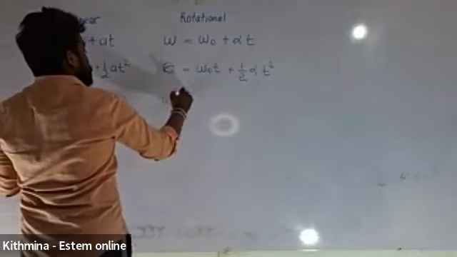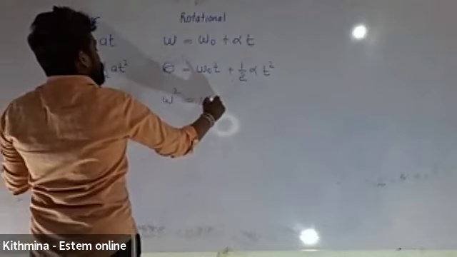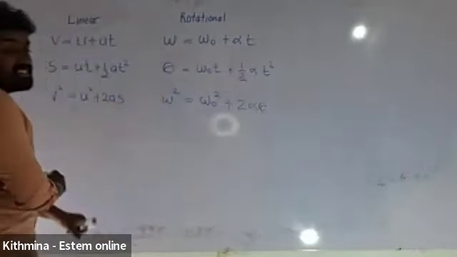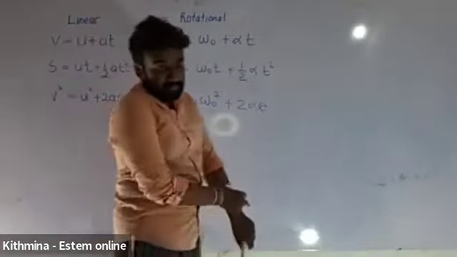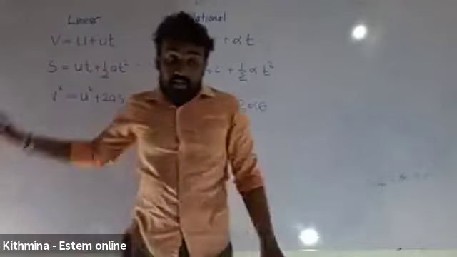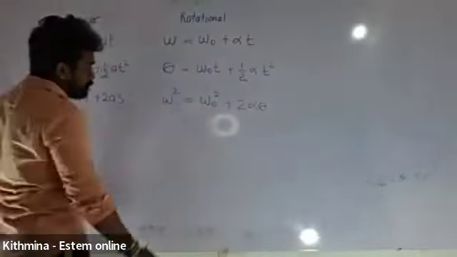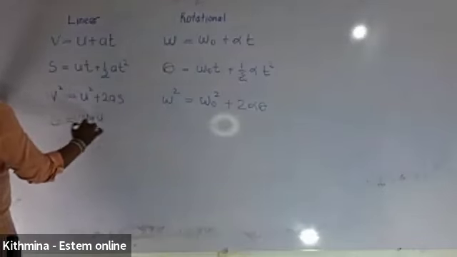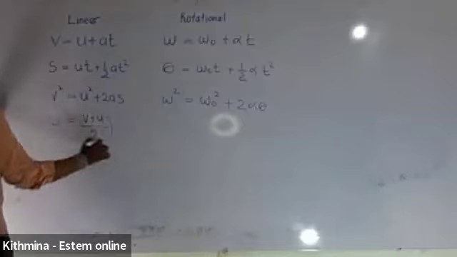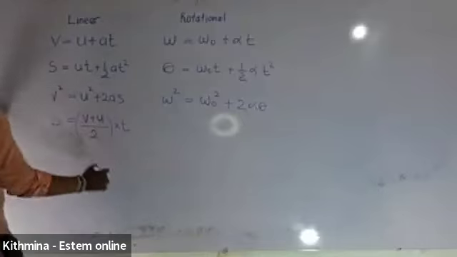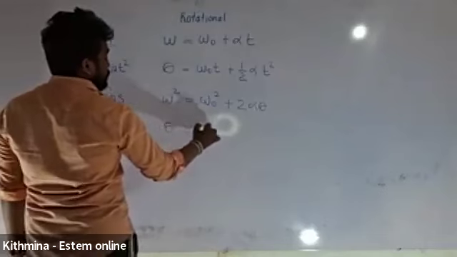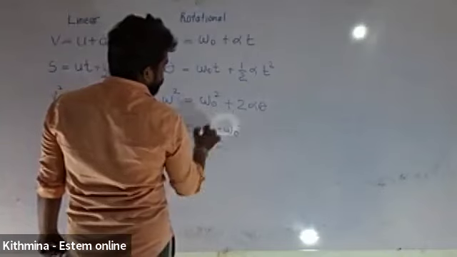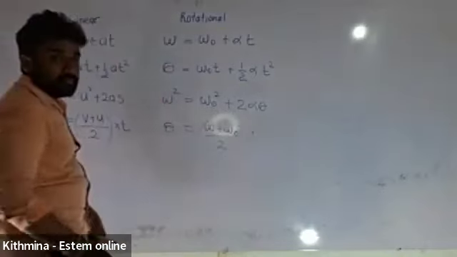Here omega squared equals omega naught squared plus 2 alpha theta, where theta is the angular displacement corresponding to the linear displacement. The final is S equals (V plus U) over 2 into t. Here theta equals (omega plus omega naught) over 2 into t.